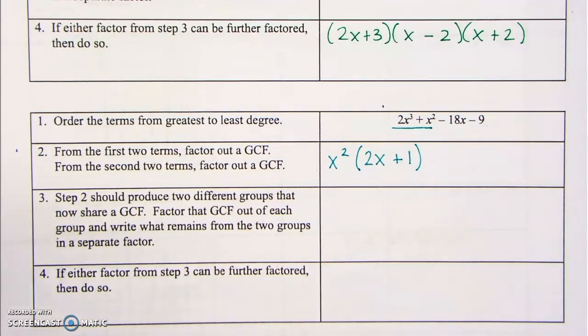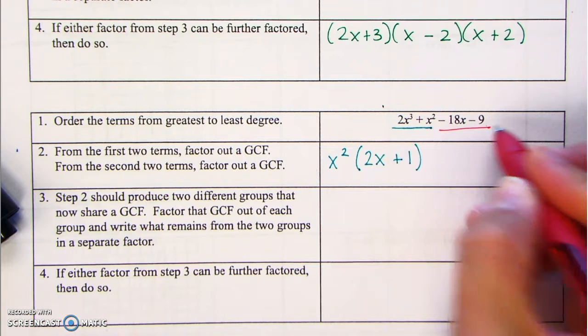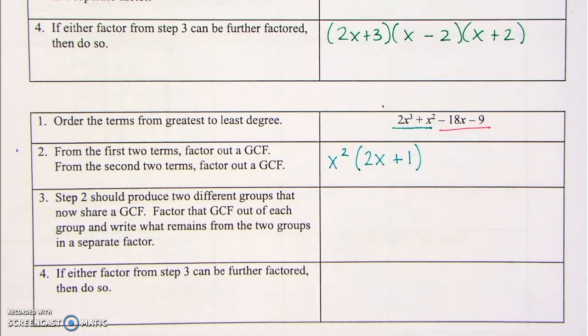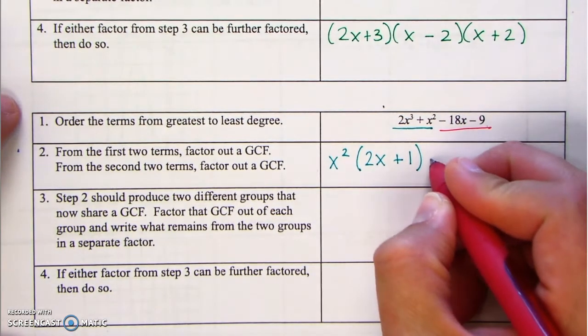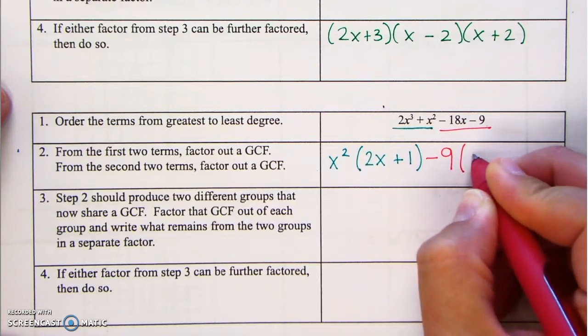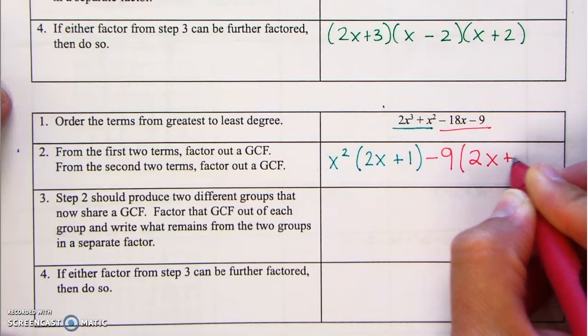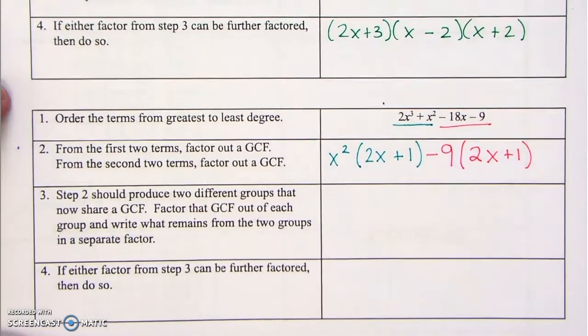Check. From the second 2 terms, factor out the greatest common factor. Greatest common factor in the back is negative 9. Minus 9 times 2x. Negative 9 times 1 would give me back negative 9.